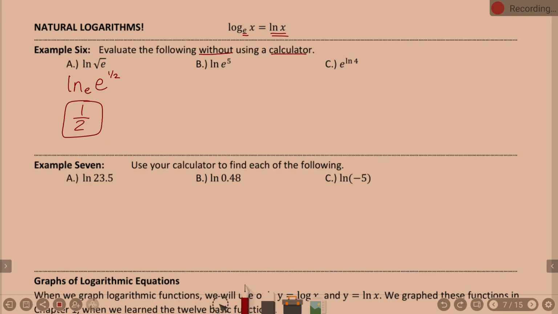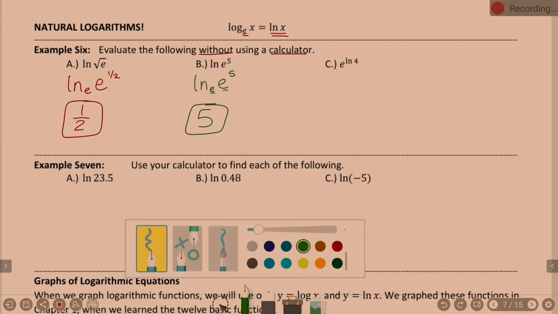Okay. What about B? If you want to rewrite it, as a reminder, there's your base e. You don't have to write that in, but e to the 5th, what's this equal to? 5. The e's match, so when these match, it's equal to the power.